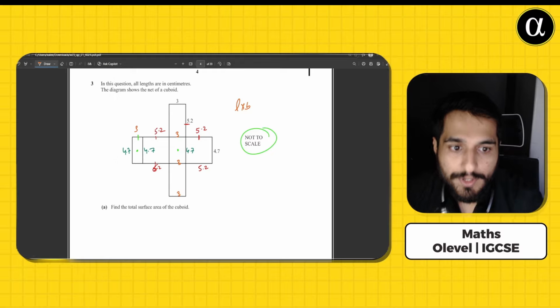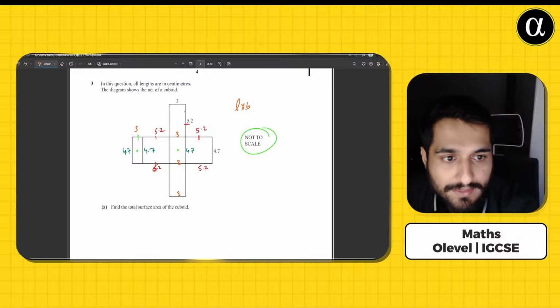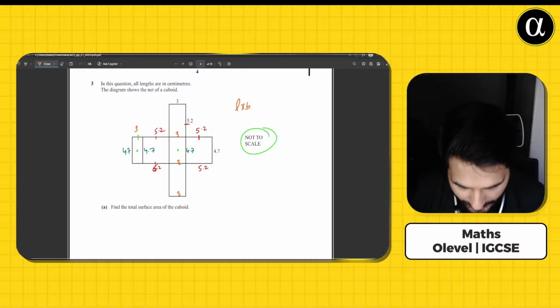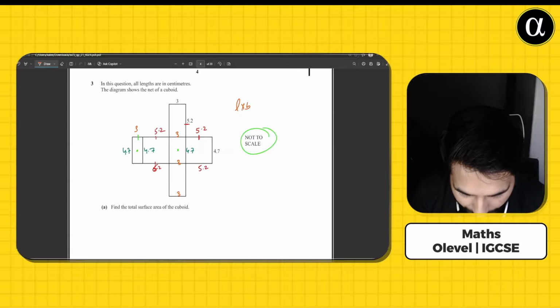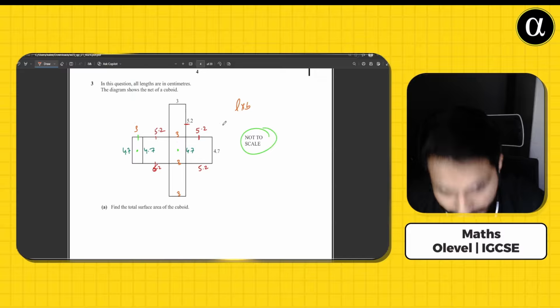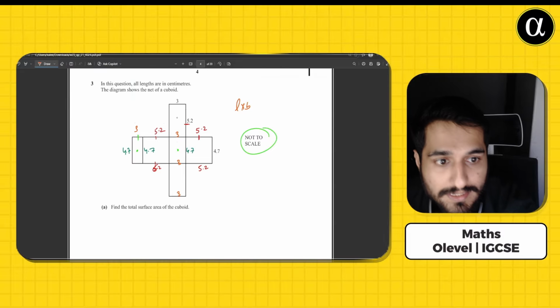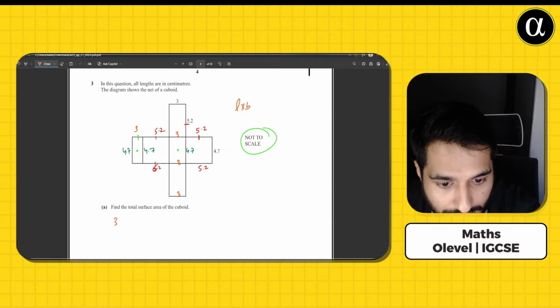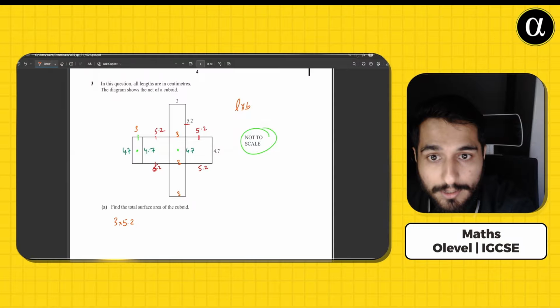Now what we're going to do is multiply 3 and 5.2. So 3 into 5.2 gives us what? 3 into 5.2 gives us 15.6. Right, so this is going to be 15.6. So we'll do 3 into 5.2, but now this will be multiplied twice. Why?